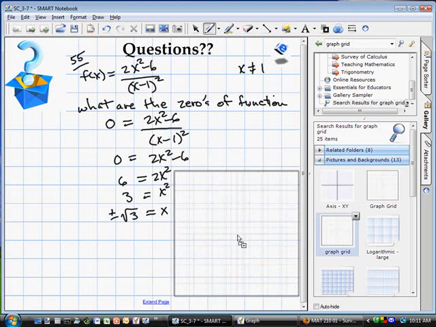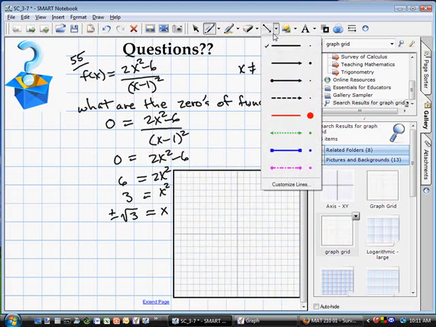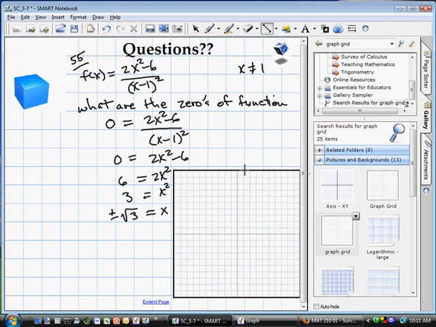Okay. So let's already mark on the graph what we know. We believe there's a vertical asymptote at x equals 1. So let's indicate that with a dashed line. We believe we've found a couple zeros of the function at plus or minus the square root of 3.